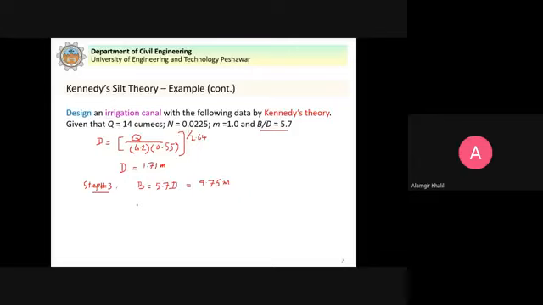Similarly, we can calculate the hydraulic radius. This is equal to area divided by the wetted perimeter.